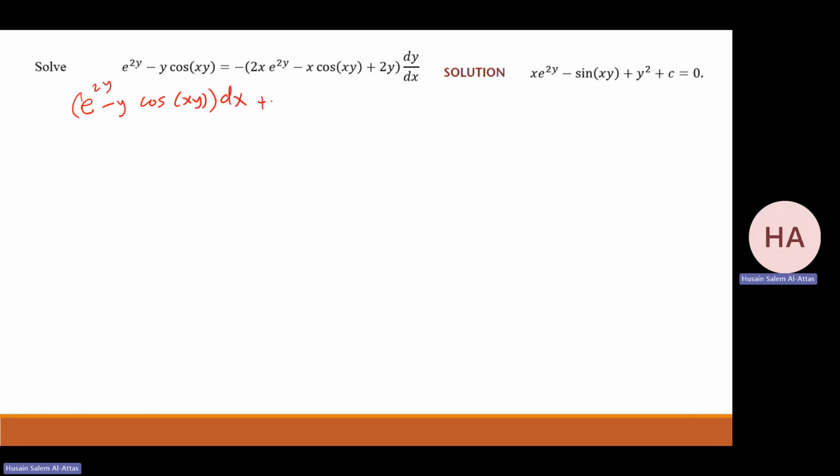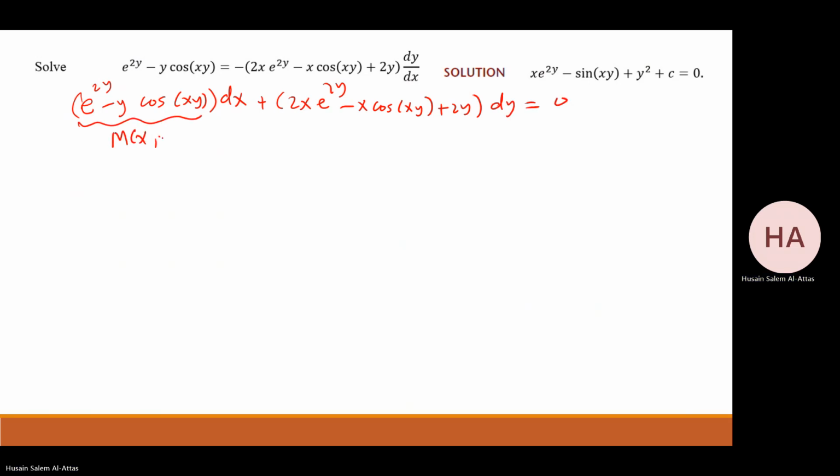This is minus. I took it to the other way, so it will be plus 2x e to the 2y dy minus x cosine xy plus 2y dy equals 0. Okay, so this is my m, and this is my n. First, I check, is it exact or not? Like what we did before.